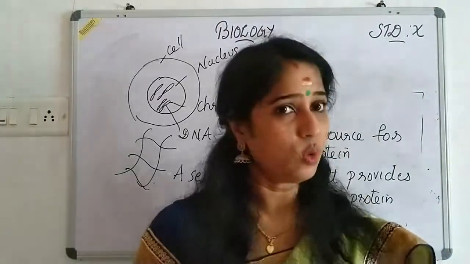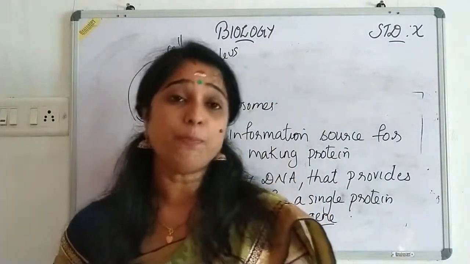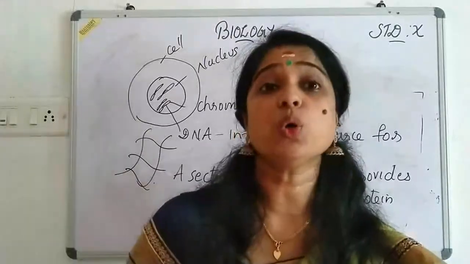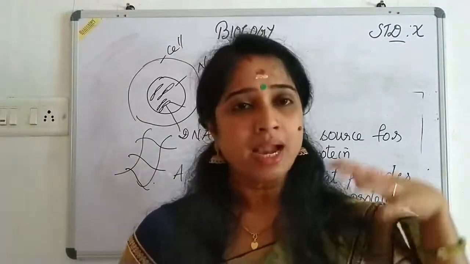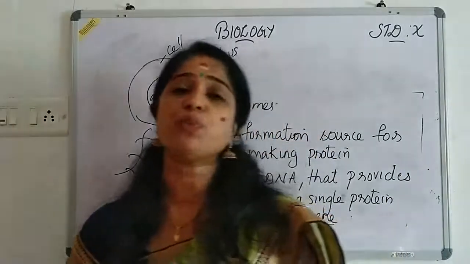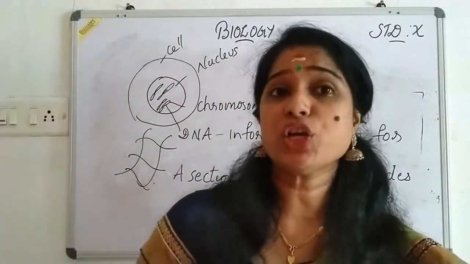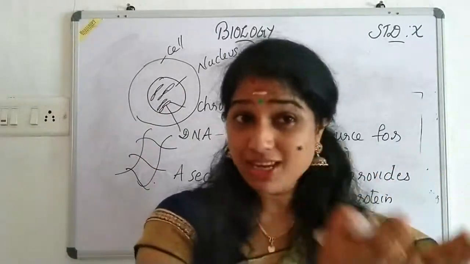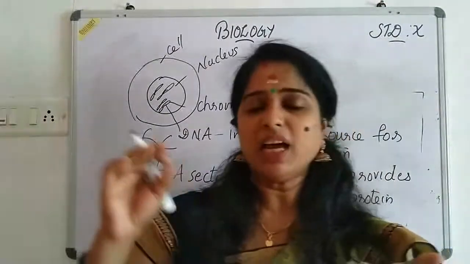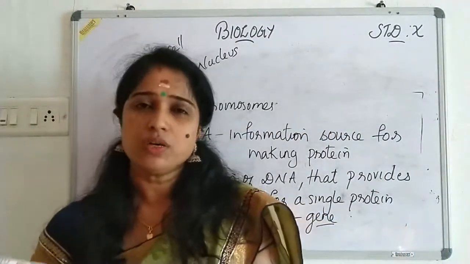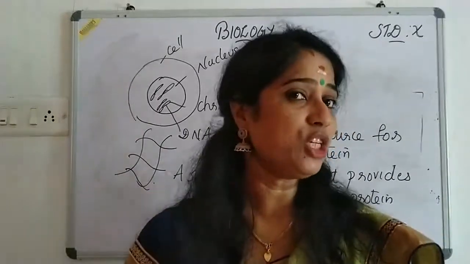And for height, if that gene is efficient enough to support the production of growth hormone, which in human beings you studied in the last chapter, then the individual will be tall.